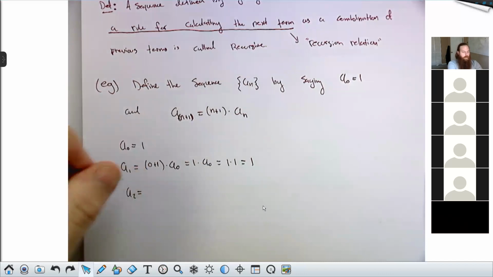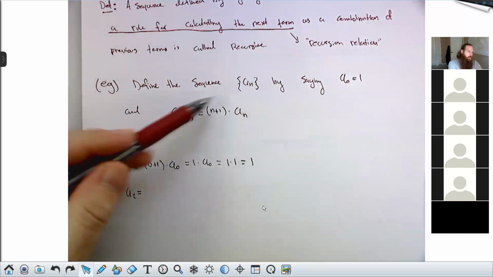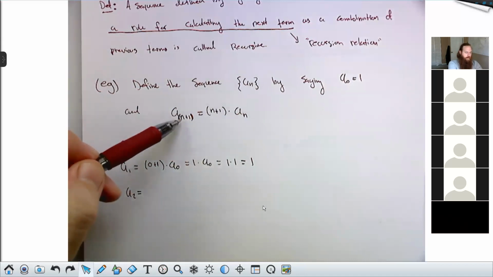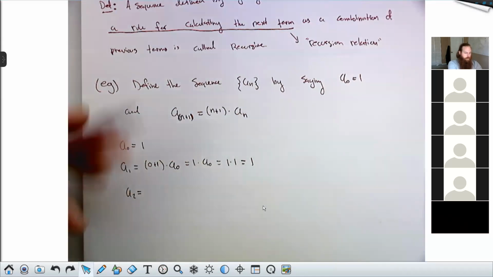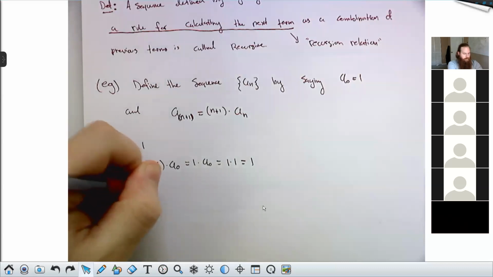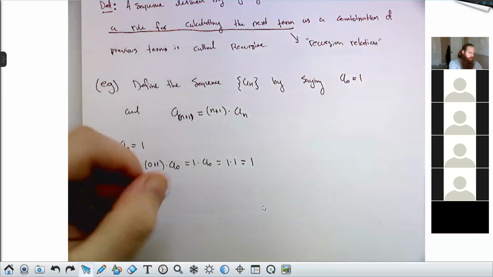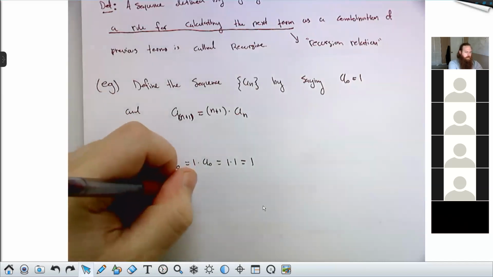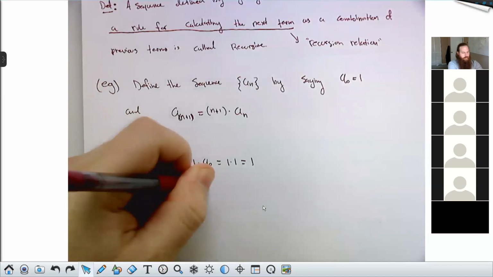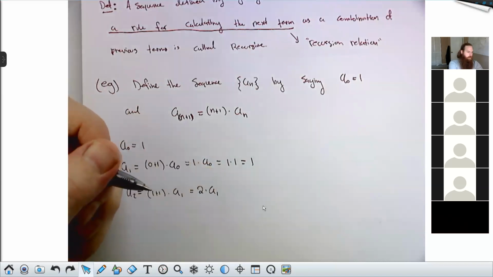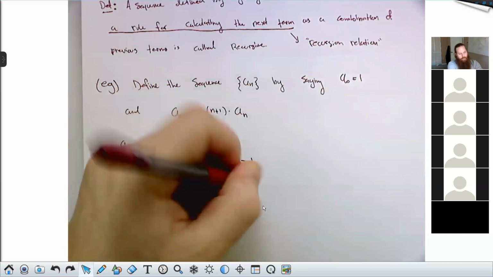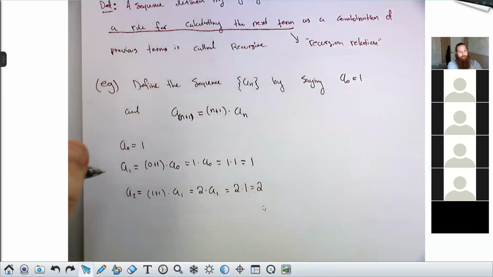a2, I would get by plugging in n equals 1 here. If I plug in n equals 1, I get a sub 1 plus 1, which is a2, equals (1 plus 1) times a1. 1 plus 1 is 2, so this is 2 times a1, and a1 is 1, so this is 2 times 1, which is 2. And the pattern continues like this.